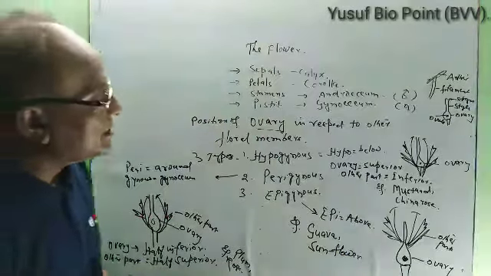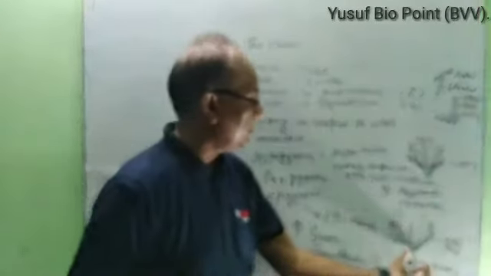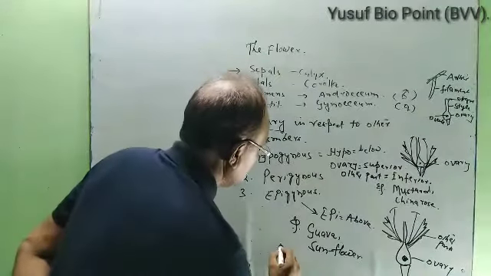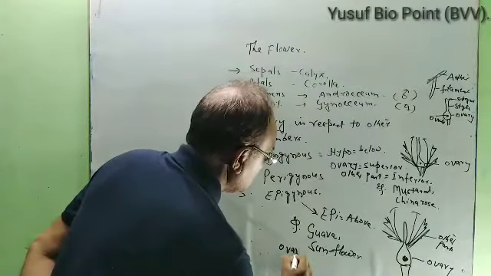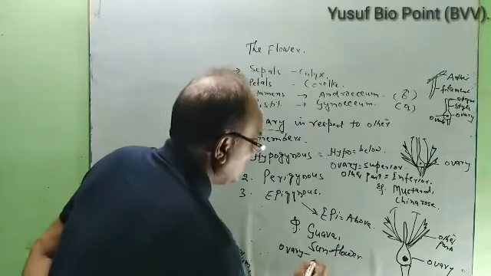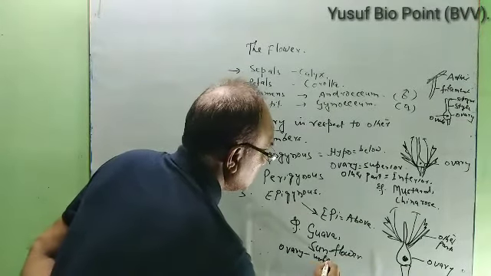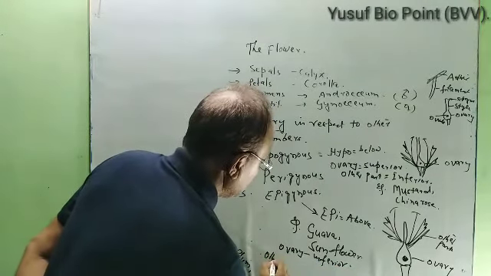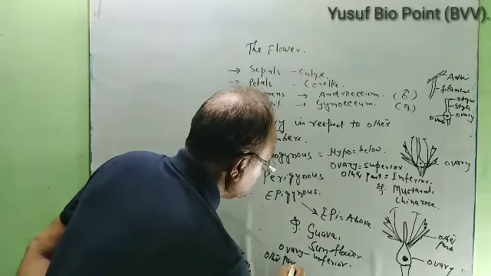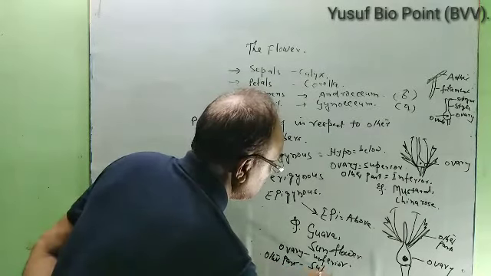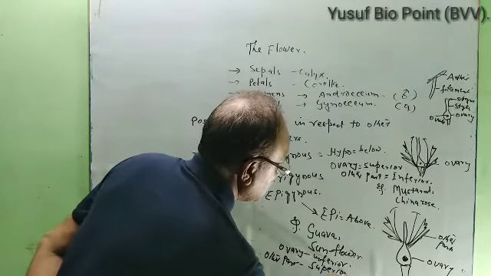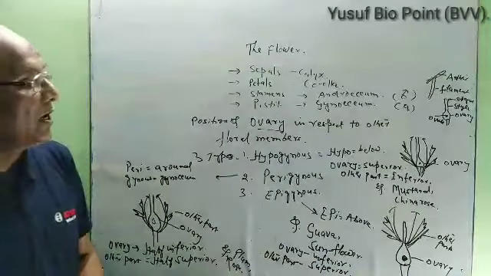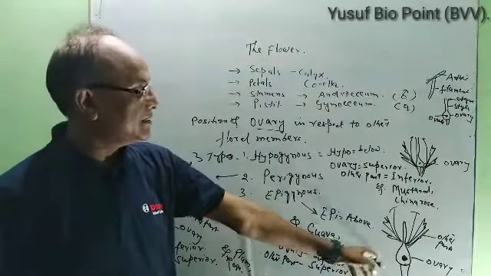So here we see about the position of ovary. The ovary is just below, so it is known as inferior, and the other parts are superior, means they all are above and this is below.